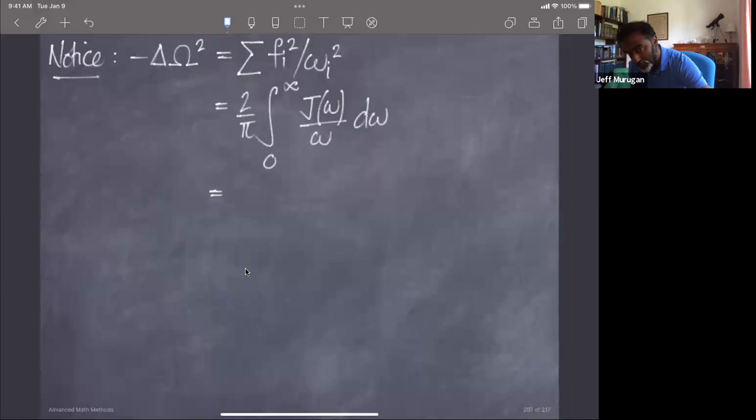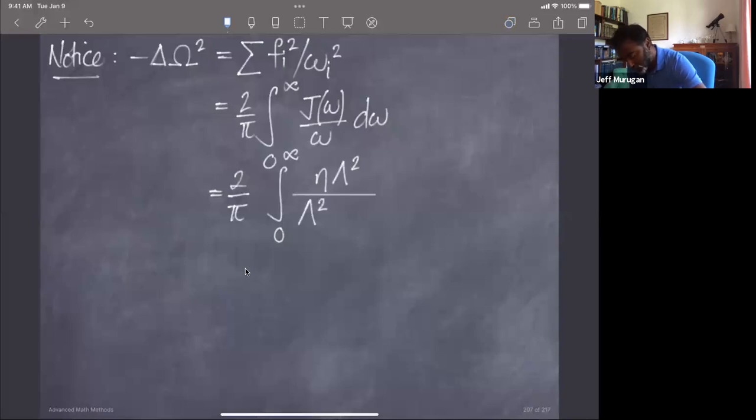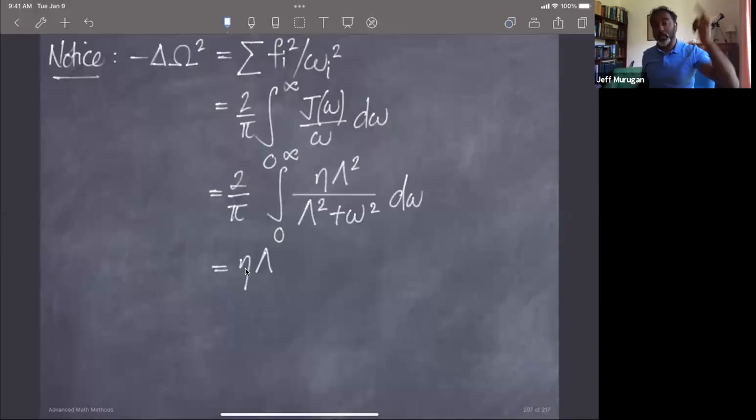Using the expression that we have for the spectral function, this is just 2 over pi times the integral from 0 to infinity of eta lambda squared over lambda squared plus omega squared integrated with respect to omega, which is just eta times lambda. So that's eta lambda, and this is going to multiply q.